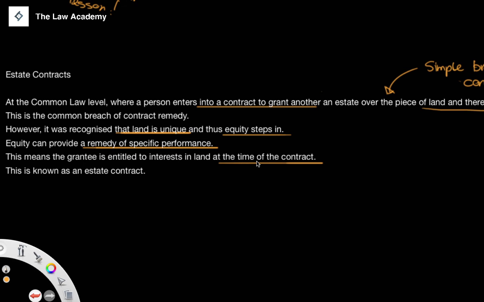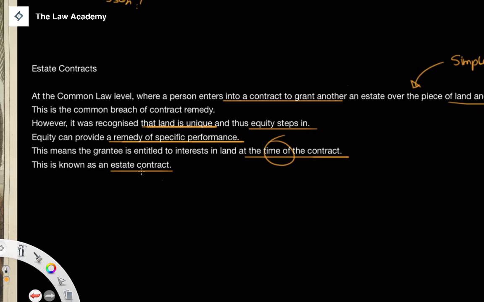However, if it fails to transfer, then that can lead to a breach of contract at a common law level. With equity, equity recognises that you should be entitled to an interest in that land at the time of the contract being signed, the agreement being made, and this is what is known as an estate contract.